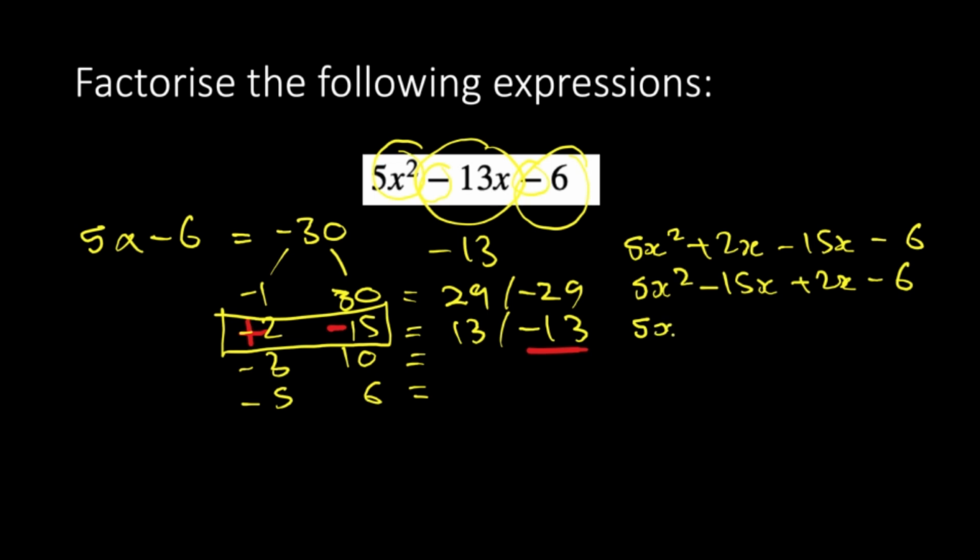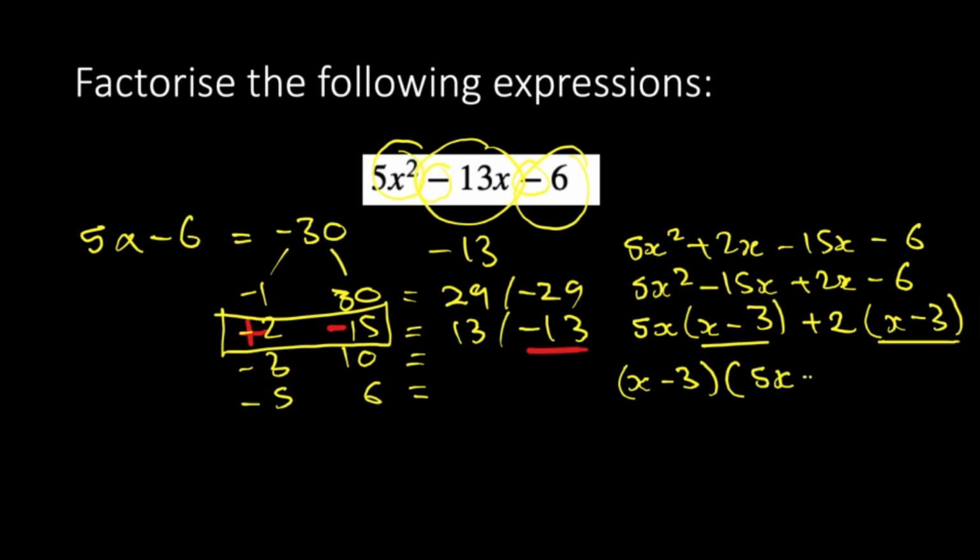Take the 5x common factor out. So 5x times x minus 3, plus 2 as the common factor of 2x and minus 6, x minus 3. Now you have x minus 3 as a common factor. You take that out, which will give you x minus 3 times 5x plus 2.